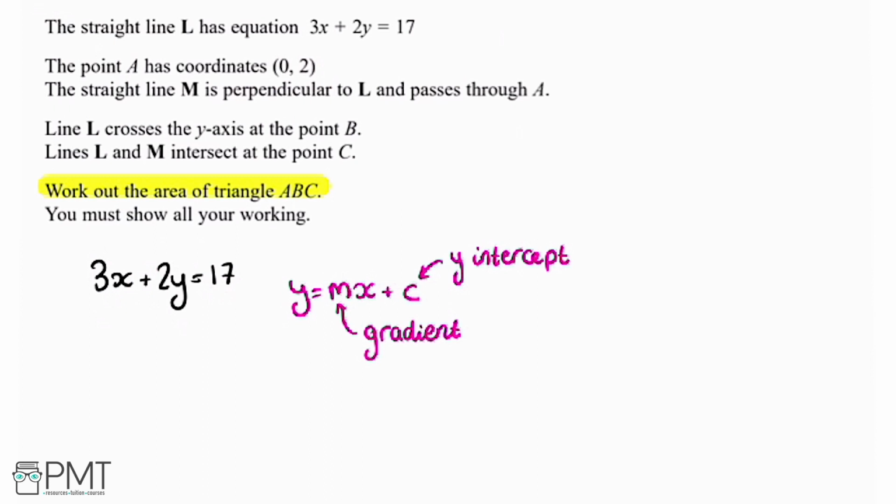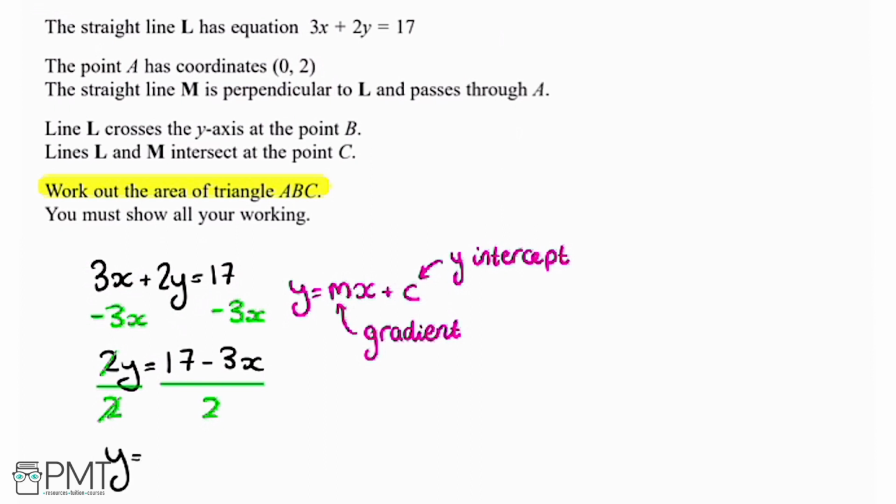So first thing I'm going to do, I want to get y by itself on the left hand side. So if I subtract 3x from both sides, we'll get 2y equals 17 minus 3x. Now if I divide both sides by 2, these cancel, leaving us with y here.